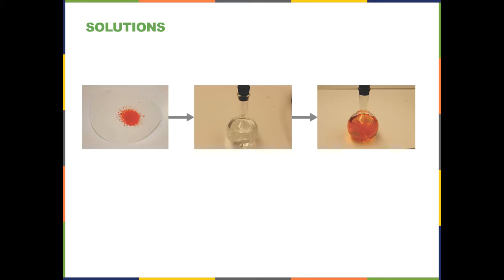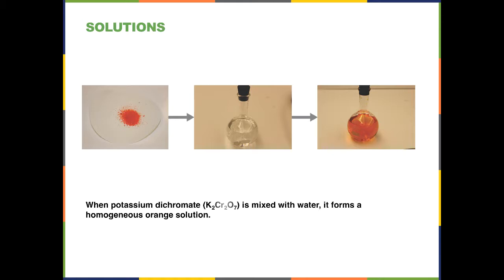So for example, here we have a little amount of powder on the left that's potassium dichromate. It mixes with water, which is clear in the middle here, and forms an orange homogeneous liquid, or solution.